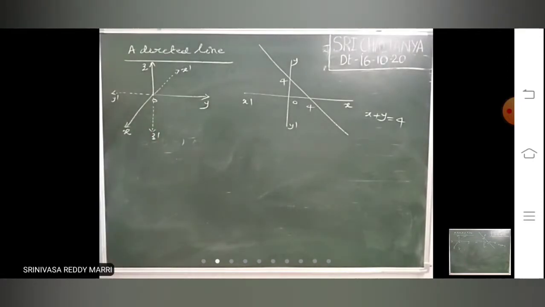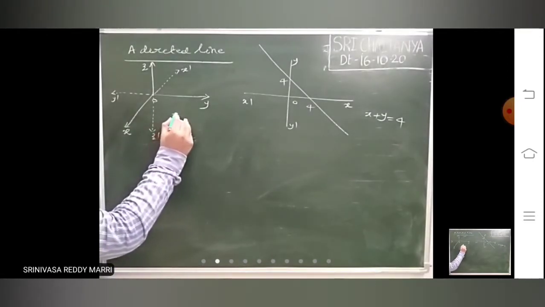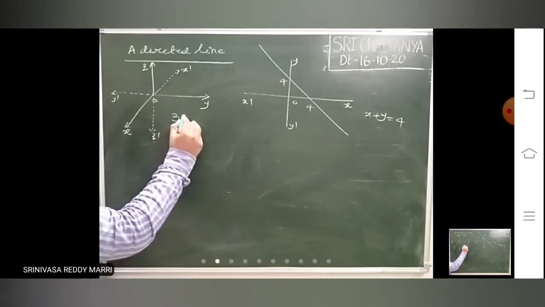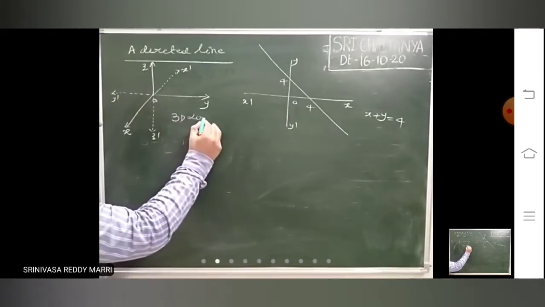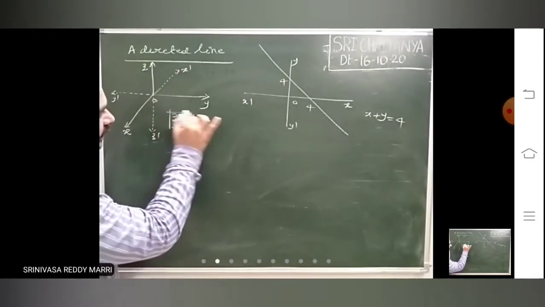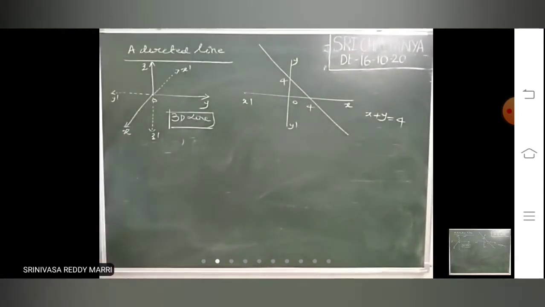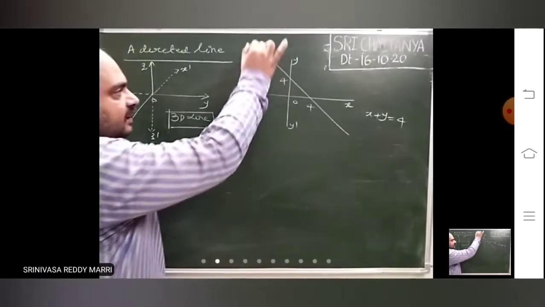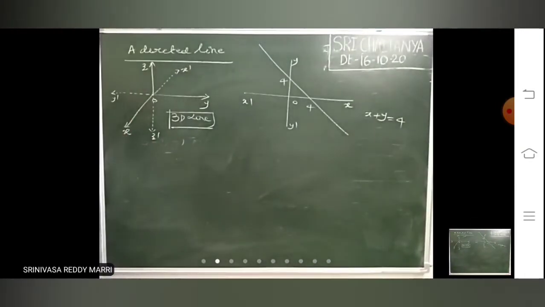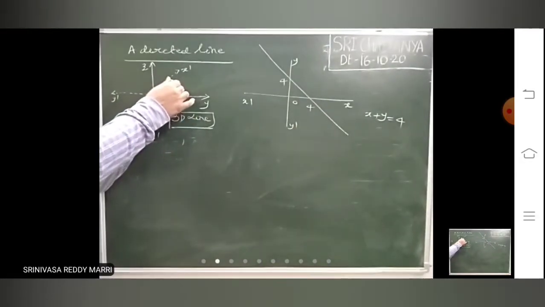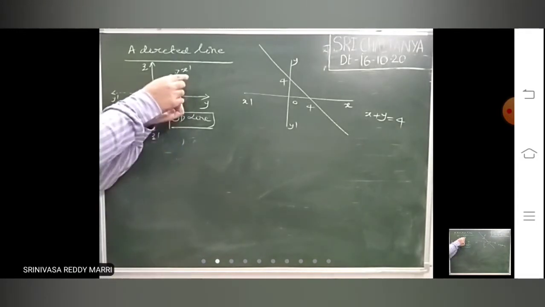Now suppose in 3D line, that means there will be x, y, z. In that equation there will be x, y, z. Suppose that line, how it will be is that line will not lie on your paper. If it lies in xy plane only, it will lie on your paper. Suppose, look at, this line is like this.